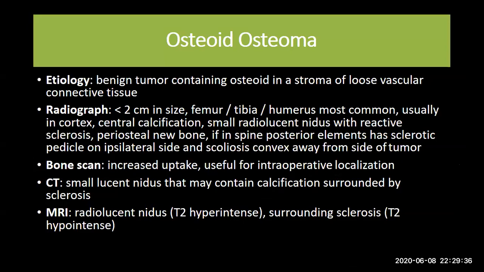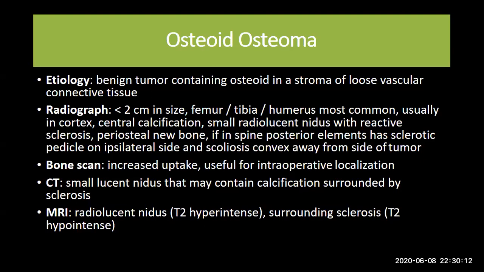So this is some information about osteoid osteoma. It is a benign tumor containing osteoid stroma and less than 2 centimeters in size. Common sites are the femur, tibia, and humerus. If it is in the spine, it gives painful scoliosis. We have three types of osteoid osteoma by location; check the book.